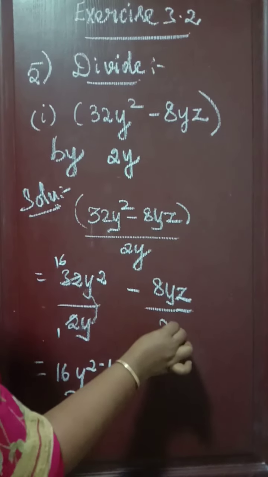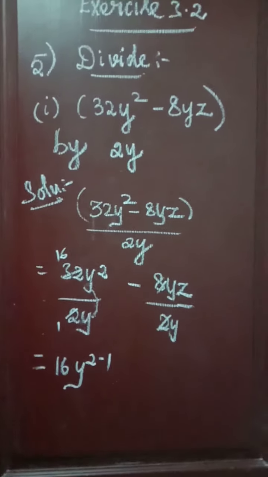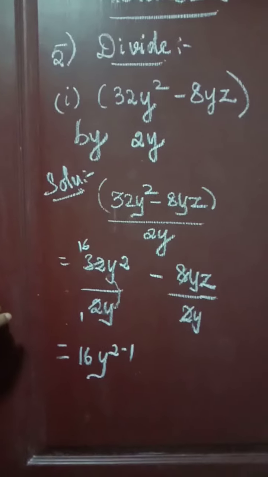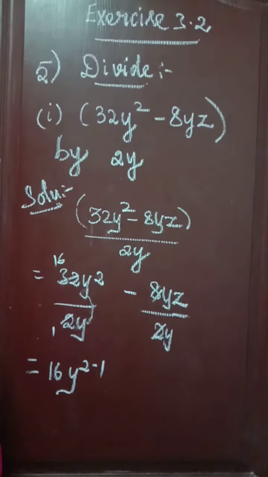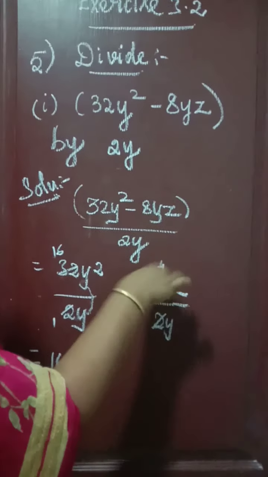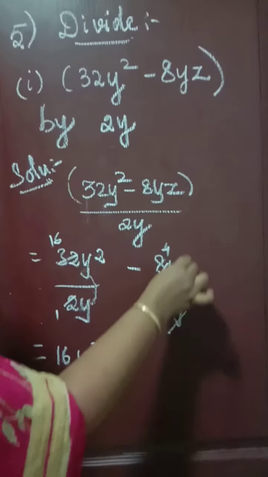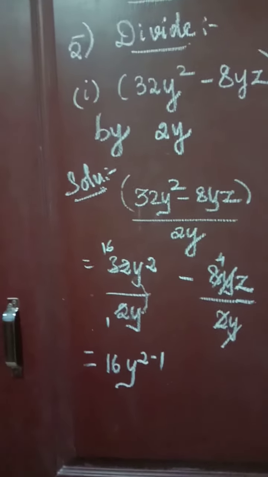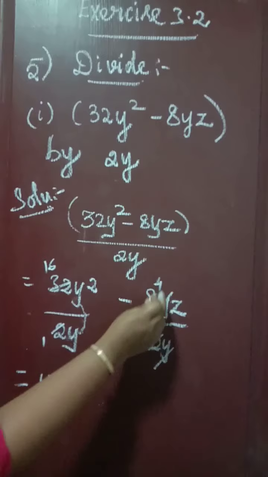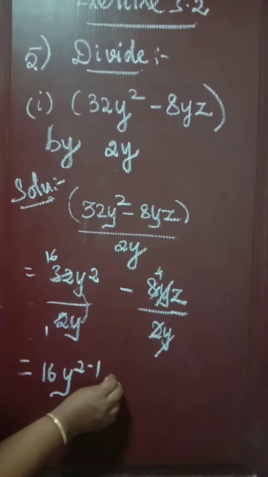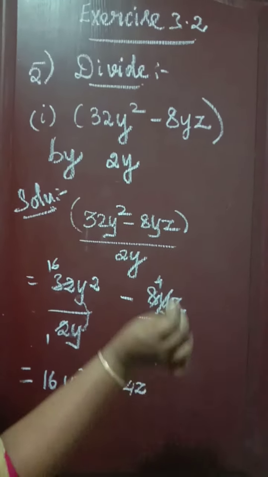Next, here 2 and 8 are divisible by 2. How many 2s in 8? Yes, 2 4s are 8. Here y and y, so cancel the y. What is the remaining term? 4 into z, minus 4z.